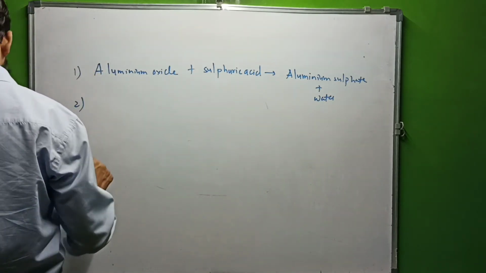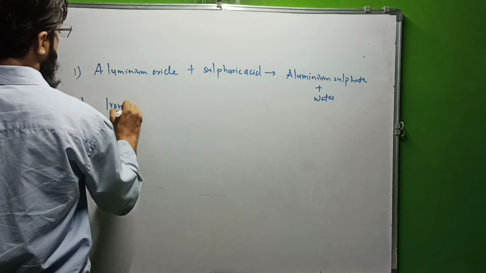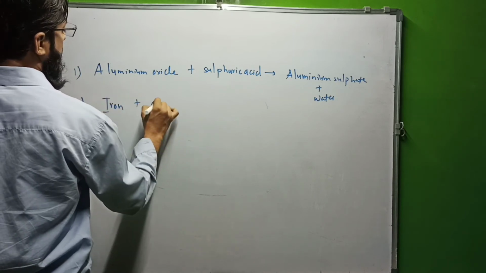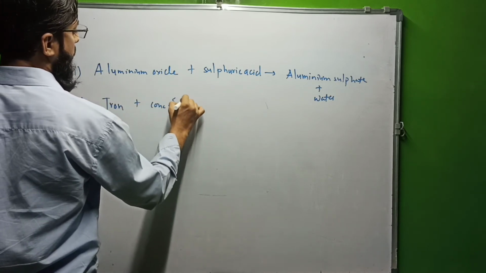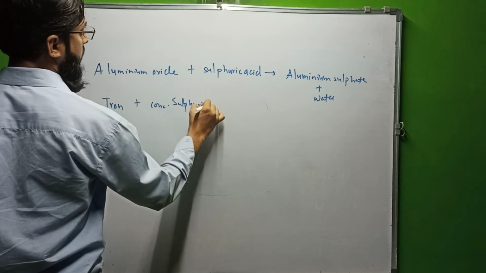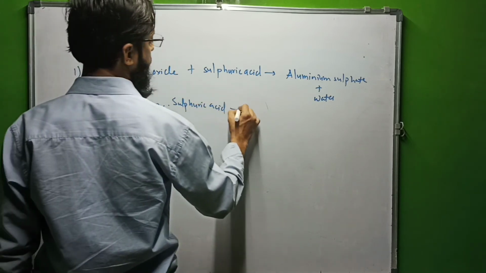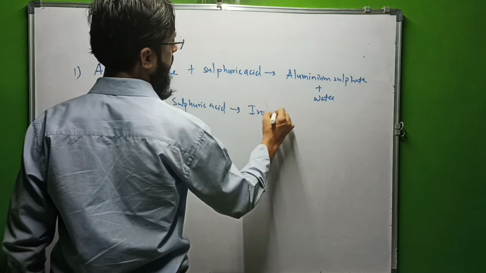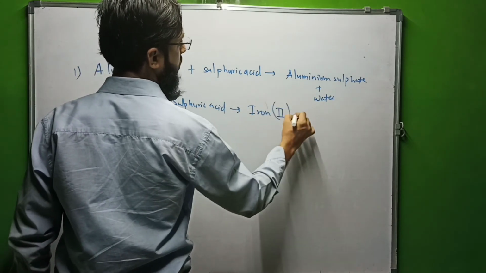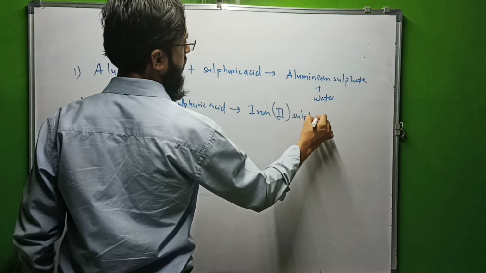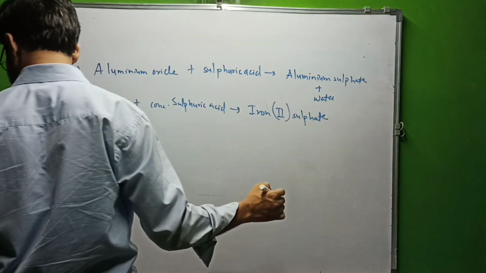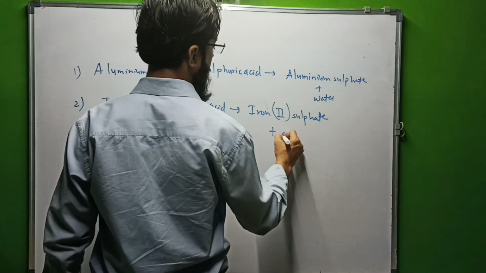Second, let's take the example of iron plus concentrated sulfuric acid gives iron(II) sulfate plus sulfur dioxide and water.